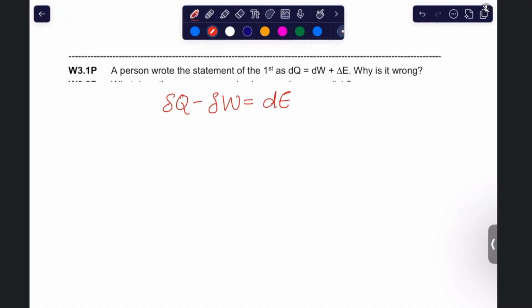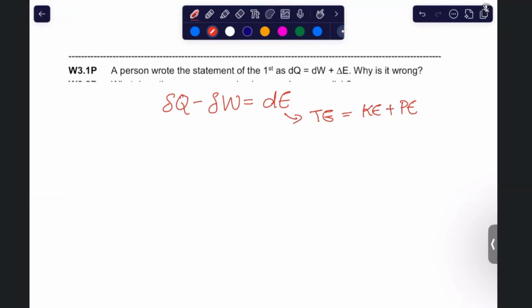This dE is the total energy, and it is often taken as kinetic energy plus potential energy, right?